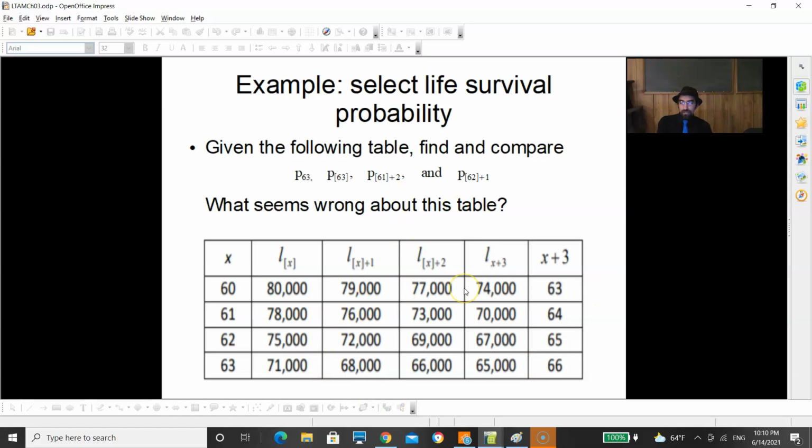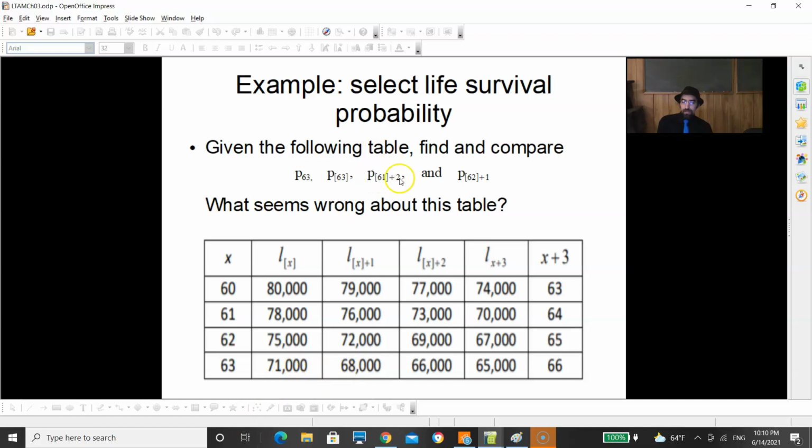This table was constructed to ask one particular question, and I guess they either didn't realize or didn't care that you have some anomalies happening. Because when we crunch our numbers, if we want P63, that would just be 70,000 divided by 74,000. P selected at 63 would be 68,000 divided by 71,000.